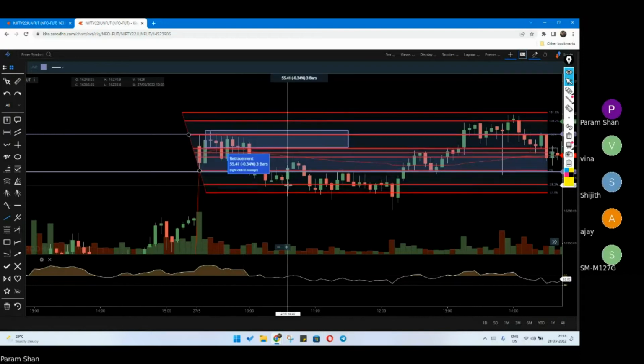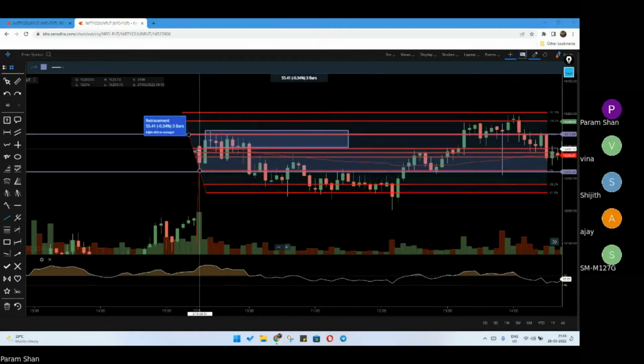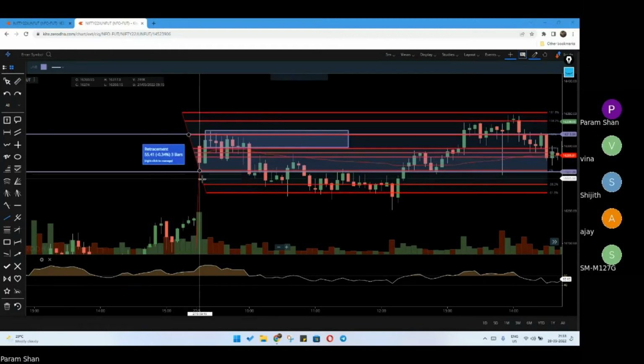If that is the thing we have done here, then it is easy for us to gain at least, let us round it to 16,300 to 16,240. So it means almost 60 points in Nifty.